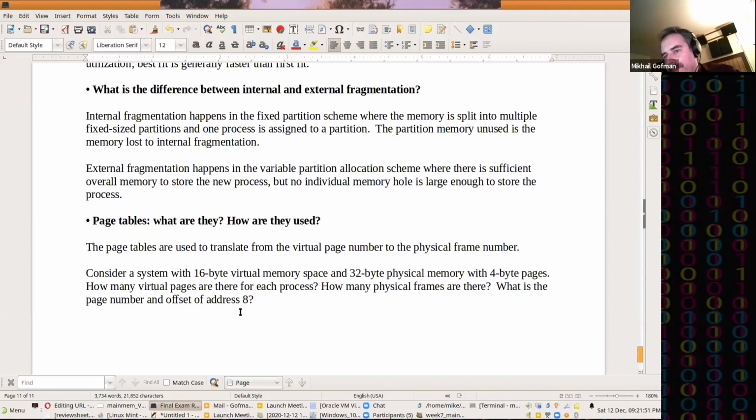What we're going to do is first, let's figure out how long the address is.